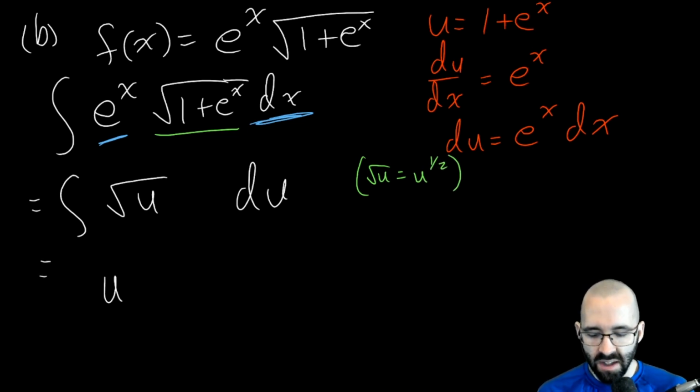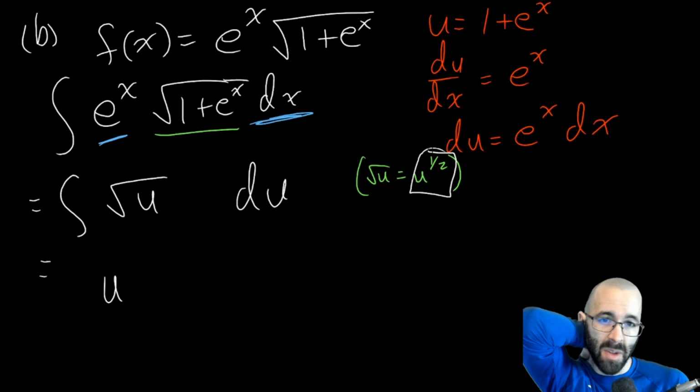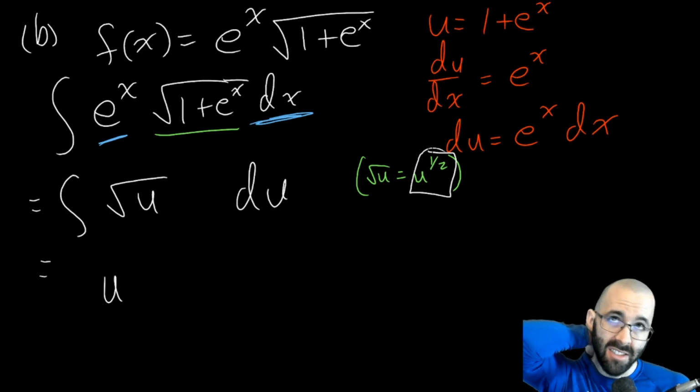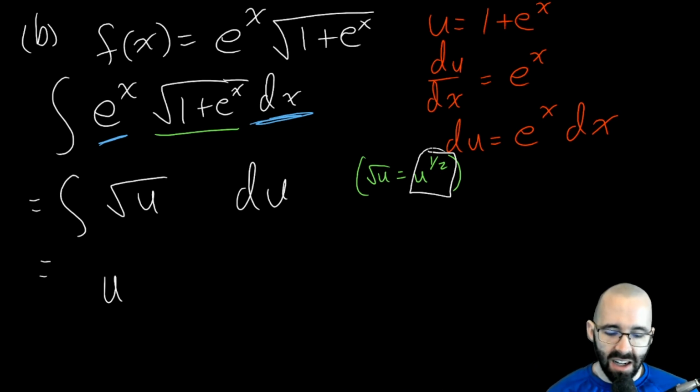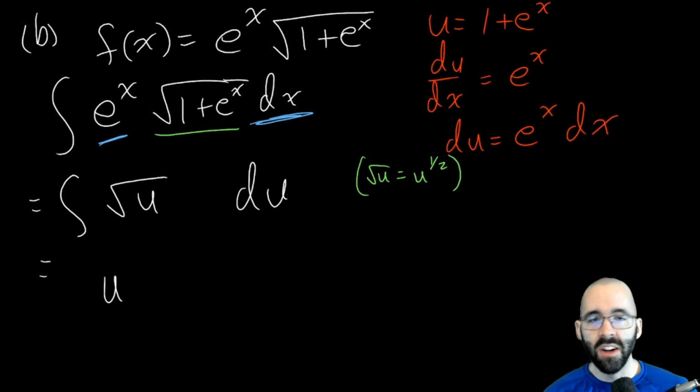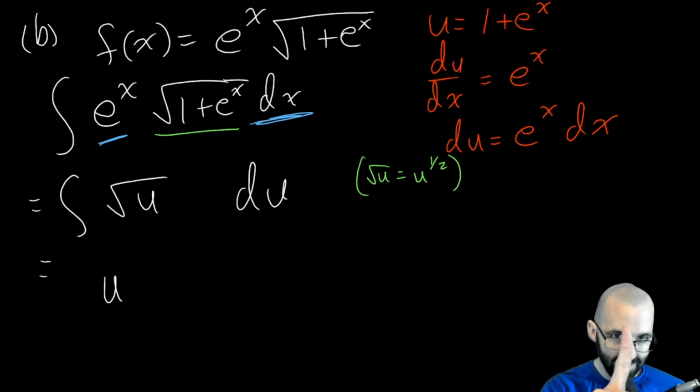So power rule says if you have a monomial, or not even a monomial because this is a square root. Monomial is only for non-negative integers. Anyway, if you have a variable raised to an exponent, you can use the power rule. Add one to the power, divide by that new power, as long as the power is not -1.